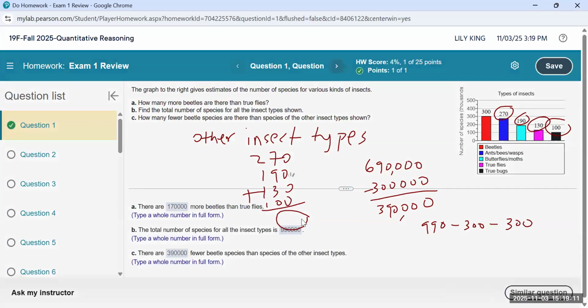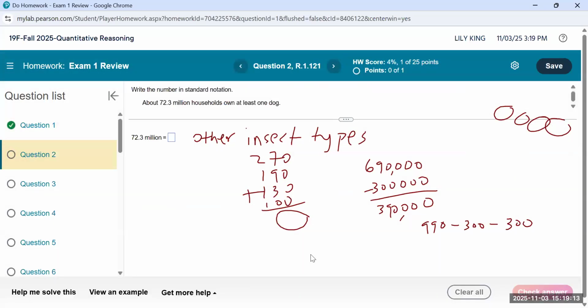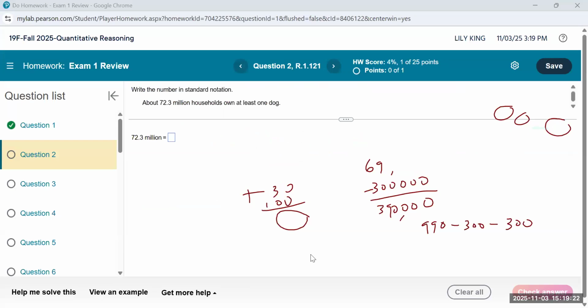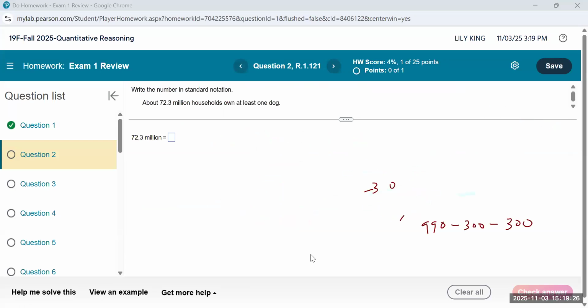All right, question 2. We want to write this number in standard notation, and standard notation is how we normal people write numbers. So 72.3 million in standard notation. Now million is times 10 to the 6.